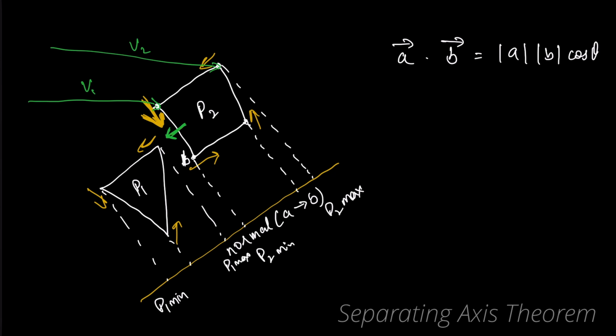We don't care about the angle or anything in this case. We just want to know a scalar value that gives us the projection of one vector over the other, right?